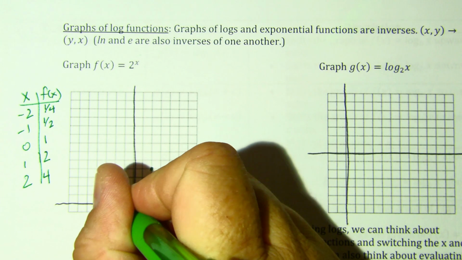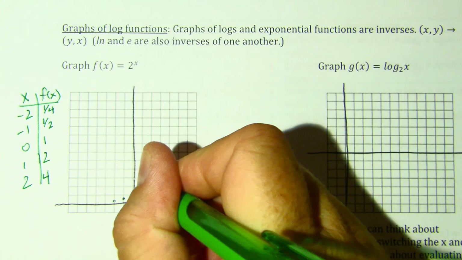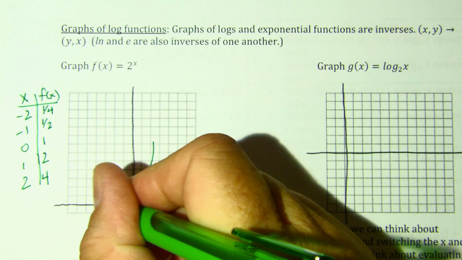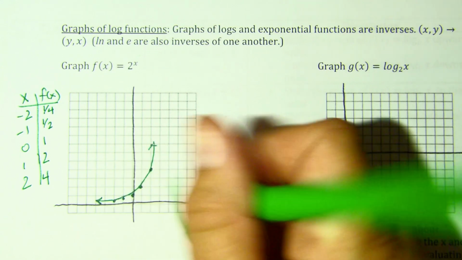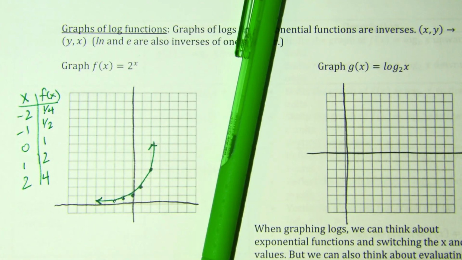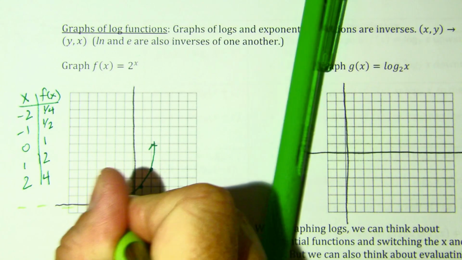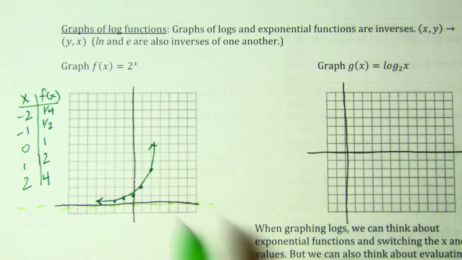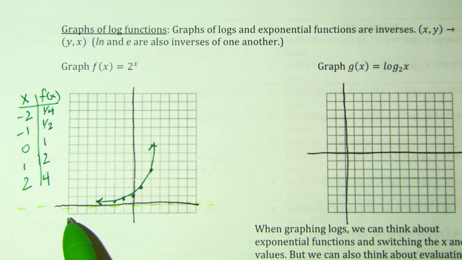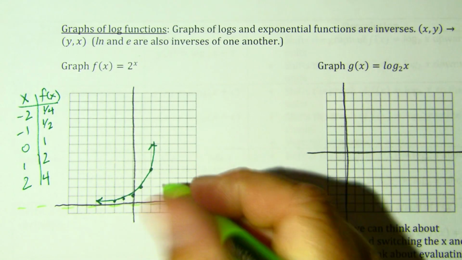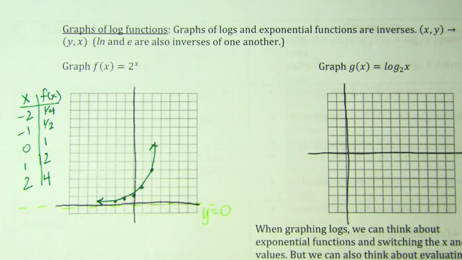And remember that we had a horizontal asymptote at the x-axis here. It's getting infinitely close to that asymptote, but never actually touching it. So we had that horizontal asymptote of y equals 0, and then we had this as our graph.